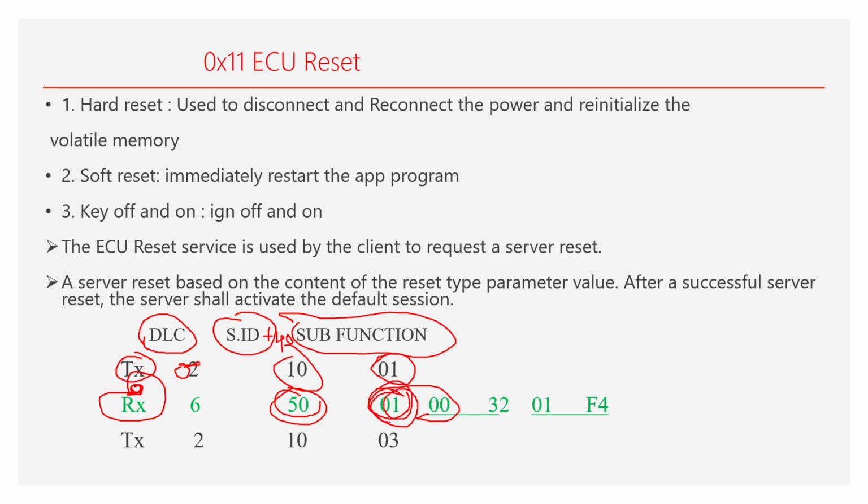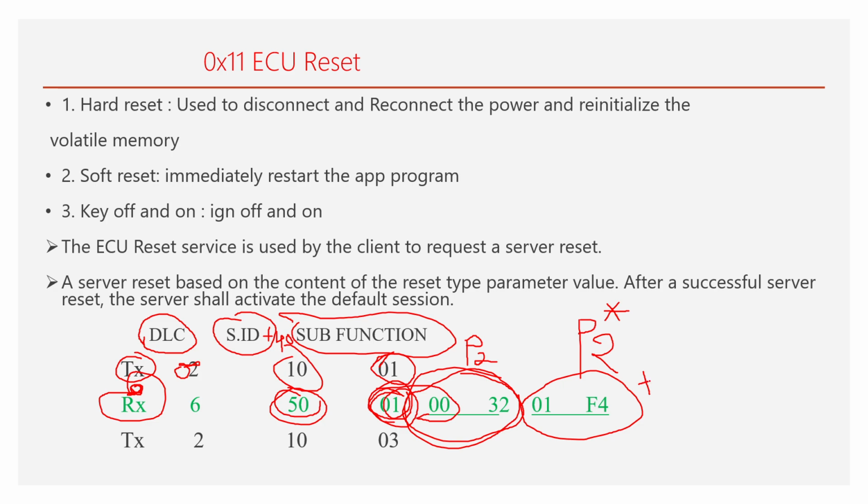What subfunction did you request? 01, right? We requested 01, so we get the same subfunction back. Then this is the P2 value, and this is the P2 star value. This is the positive response.